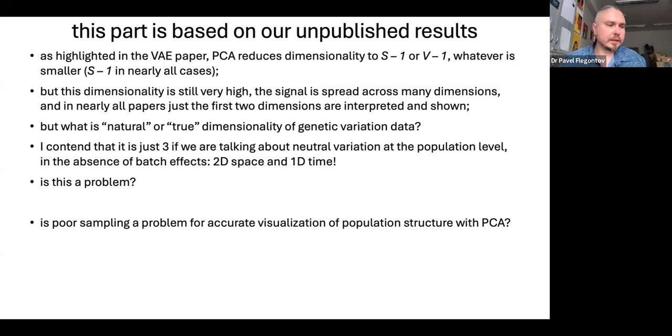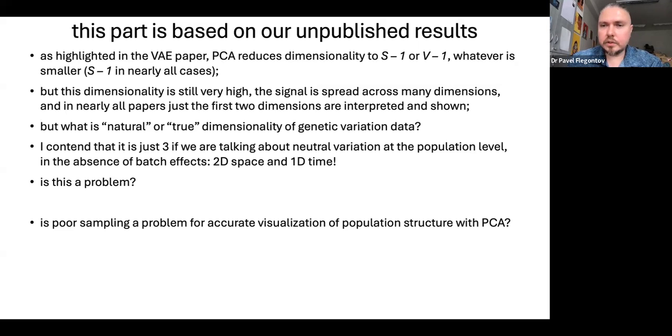But this dimensionality is still very high. And the signal thus is spread across many dimensions, and in nearly all papers, just the first two are interpreted and shown. But what is the natural or true dimensionality of genetic variation data? That's probably a bad term, but let me use it. And I contend that it's just 3.